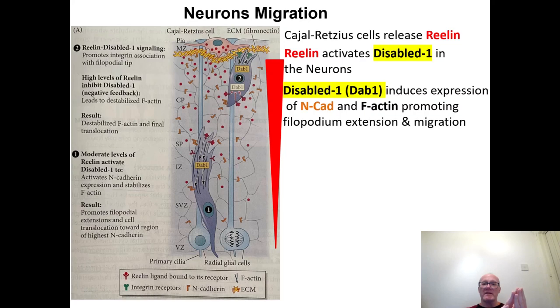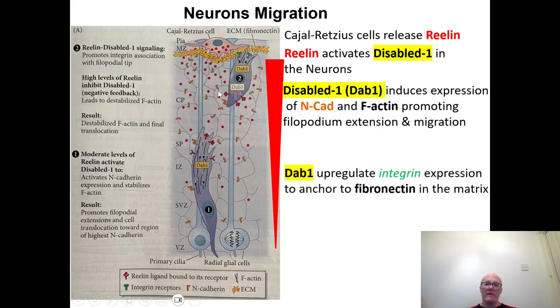Then the hand is expressing NCAD, and the NCAD allows the hand to bind to the substrate. And because of the F-actin, the neuron is now able to close up, and in doing this, the body of the neuron, here, number 1, is pushed up toward the direction of travel.